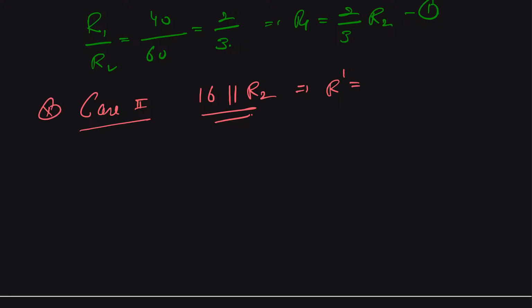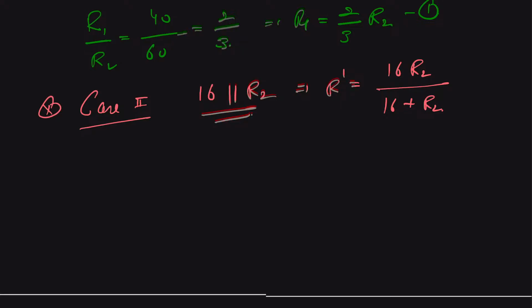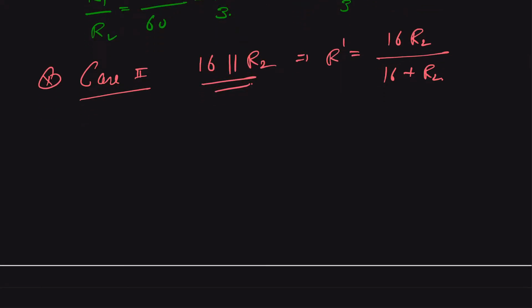R prime will be equal to 16 R2 upon 16 plus R2, and the null point is given as 50 centimeters from our R1 end. So L1 is equal to 50 and L2 is also equal to 50.